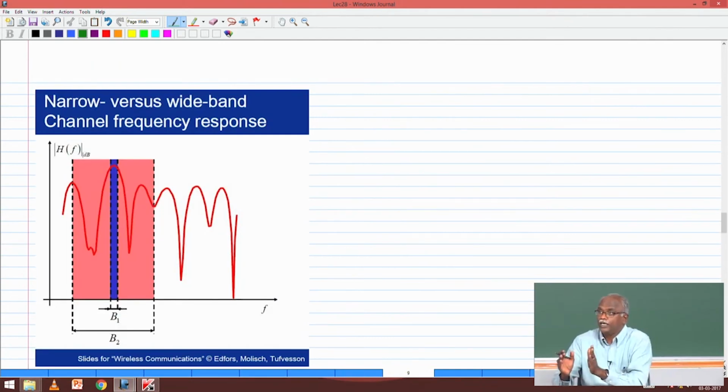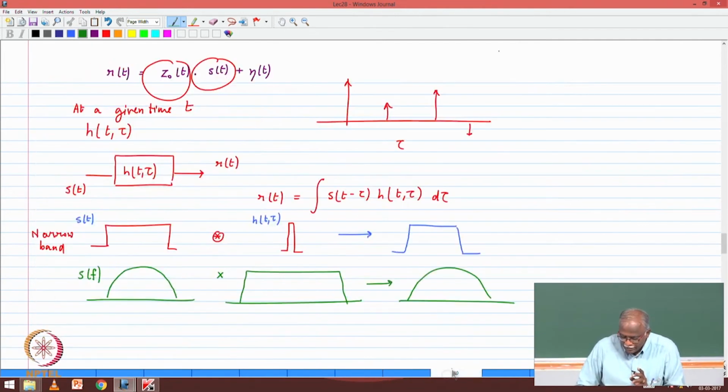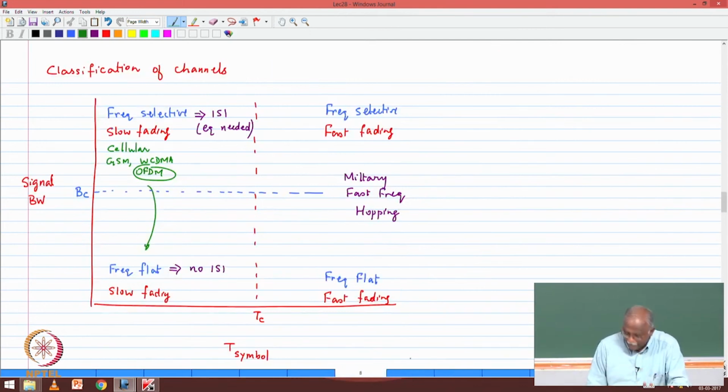When it passes through a dispersive channel, its frequency response will get affected. So I just wanted you to be clear in terms of our classification, in terms of our visualization, narrowband versus wideband, time domain, frequency domain, all of those pieces should be together, because only then can we make clear interpretations of the classification of channels.